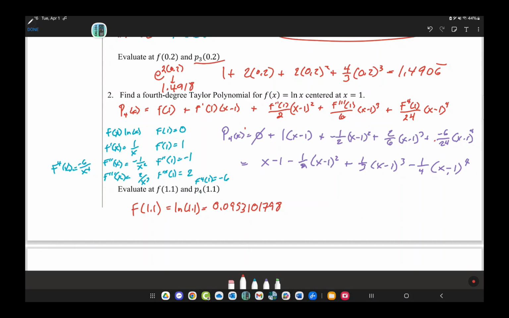And then P4 of 1.1, you plug that in, you'll get 0.0953083 repeating. So we get all the way down to about the 100,000th place. Again, are we far away from the center? No, we're not far away. So we should have a really good approximation close to the center.